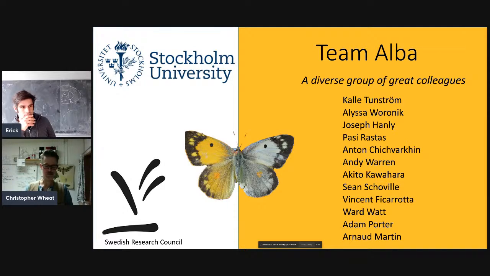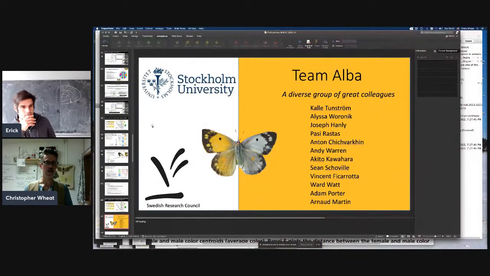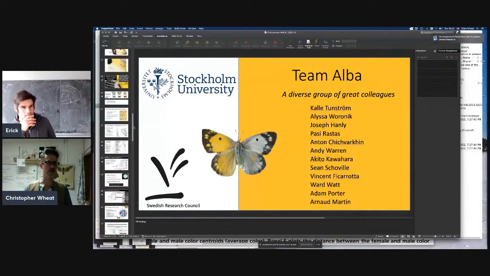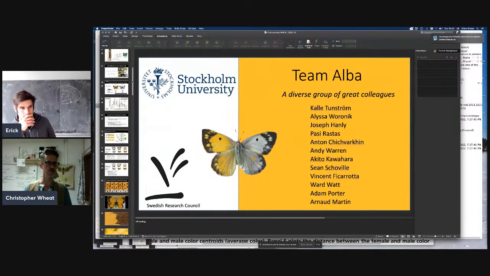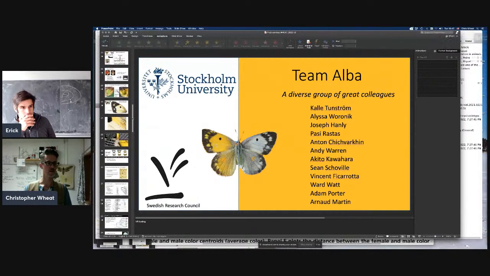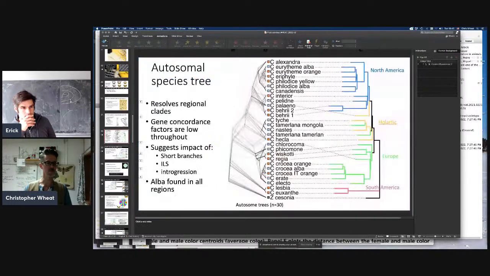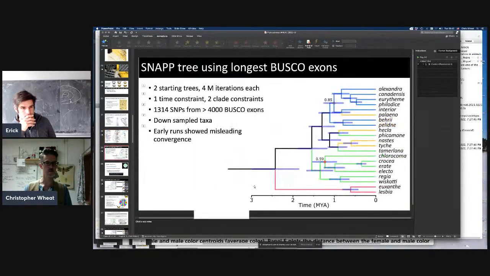In terms of time calibrating my phylogenetic tree, the way that we did that is we used an external calibration point from another study.